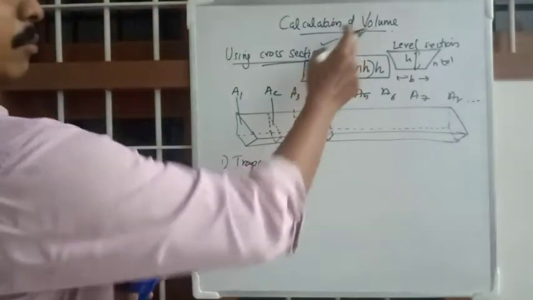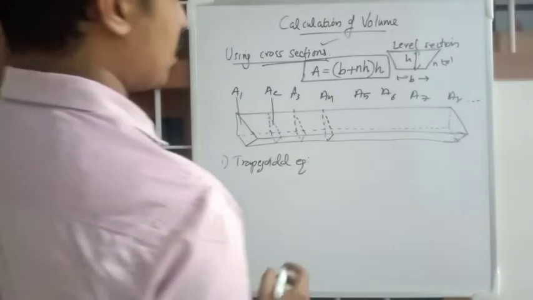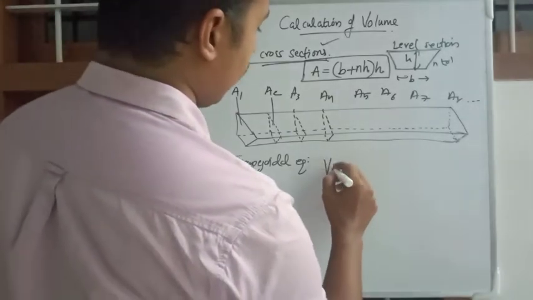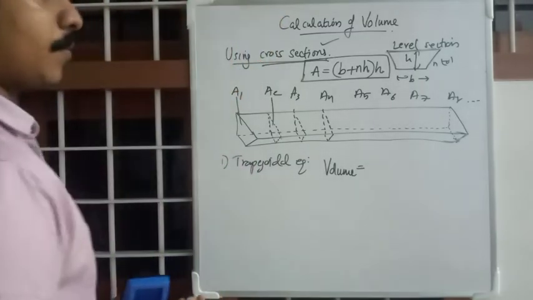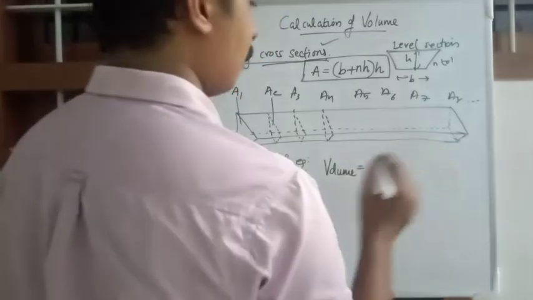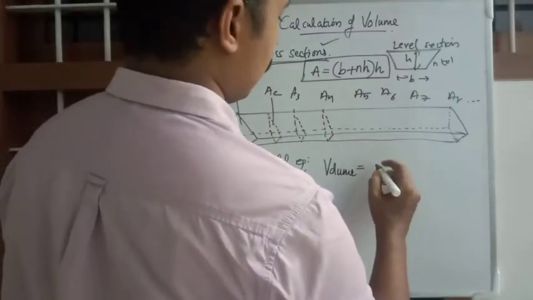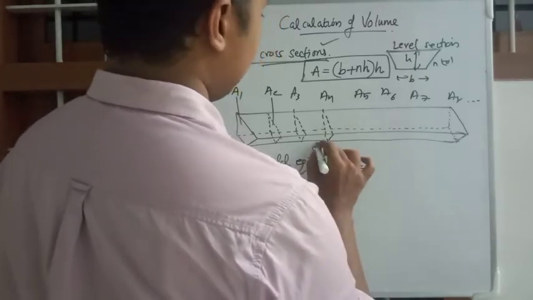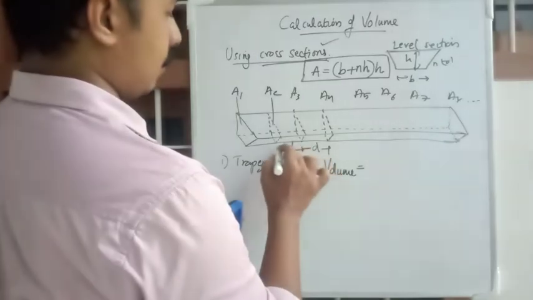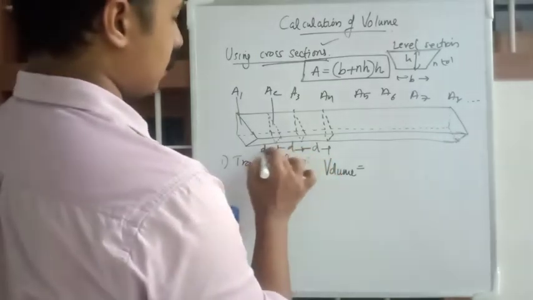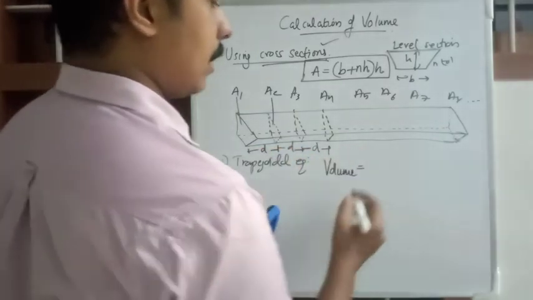You can calculate volume by two methods. First one, trapezoidal equation. Volume is equal to the same thing. D is the interval of each cross section.